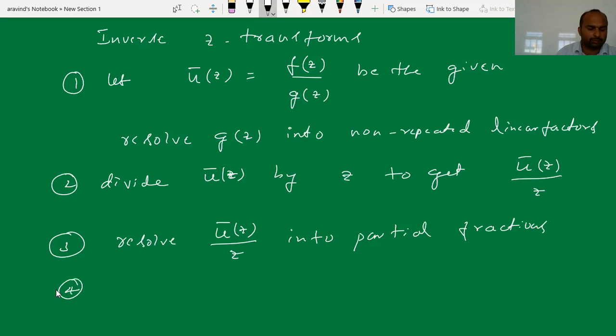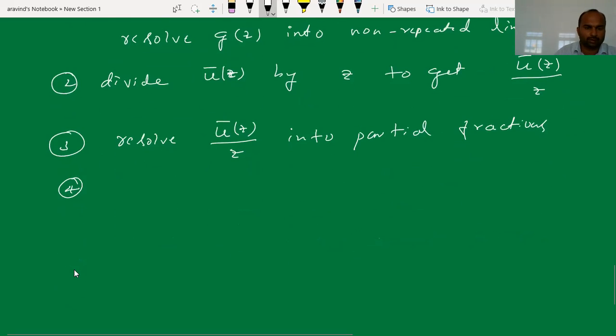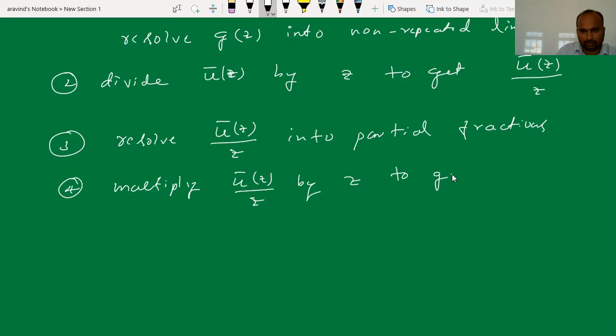Fourth step, multiply u bar of z by z to get u bar of z.